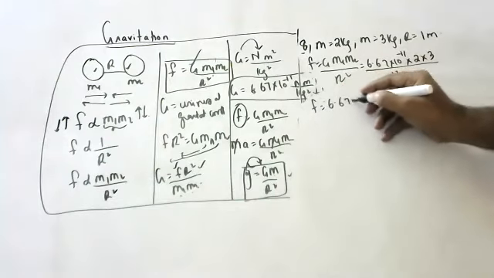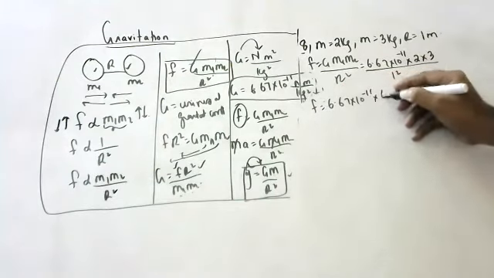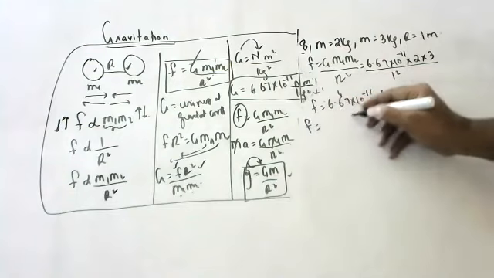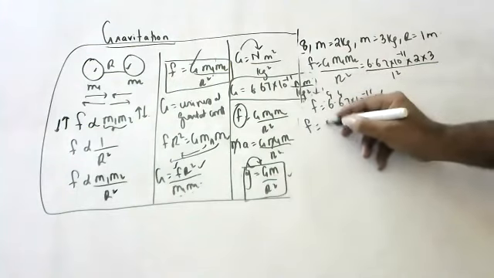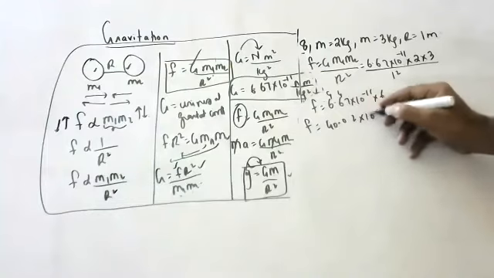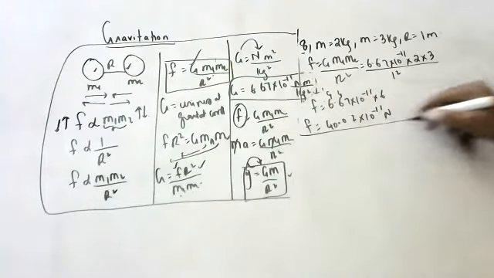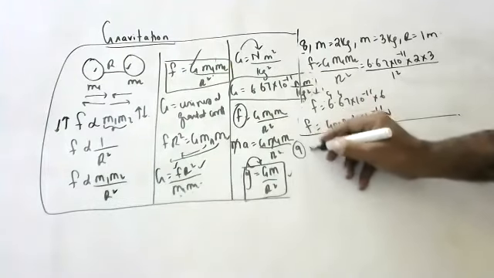F is equals to 6.67 into 10 to the power minus 11 into 6 by... How much? 4.02 into 10 to the power minus 11 Newton. Very good. Next, one more question.